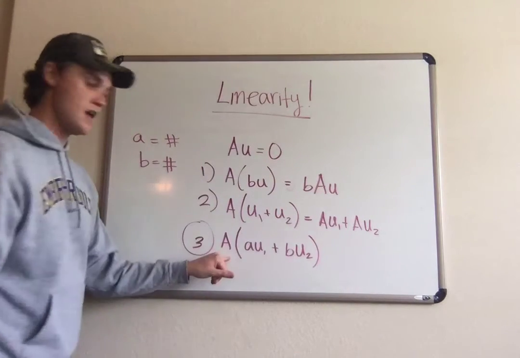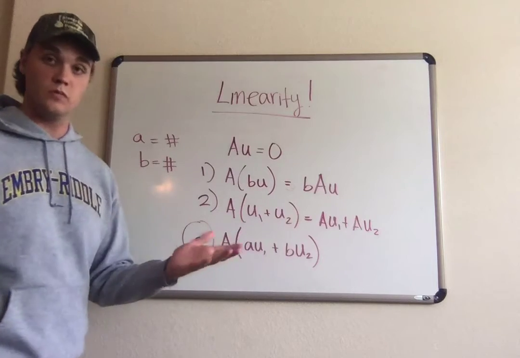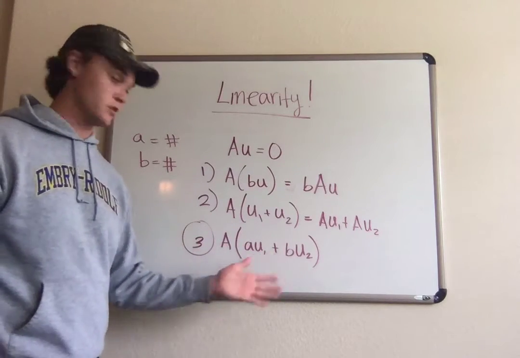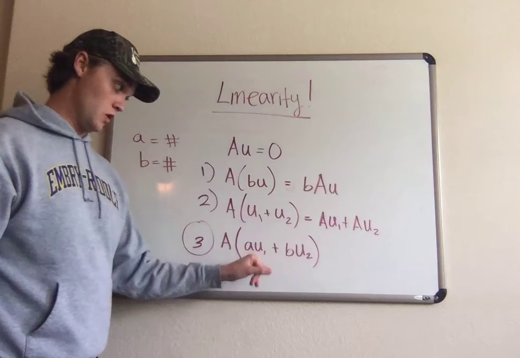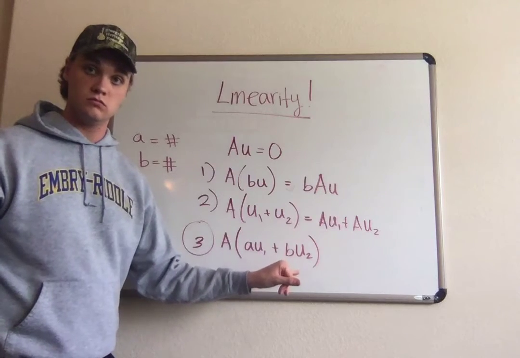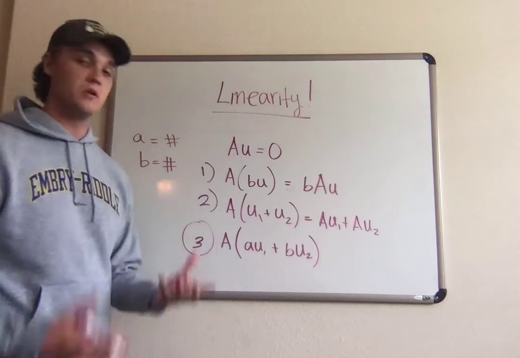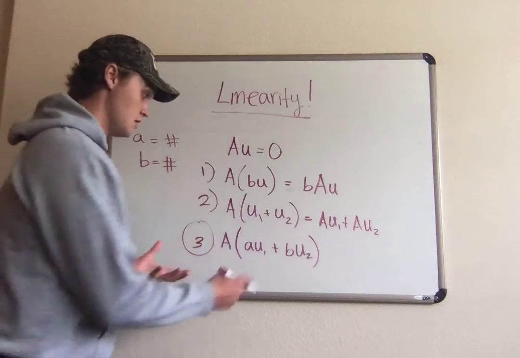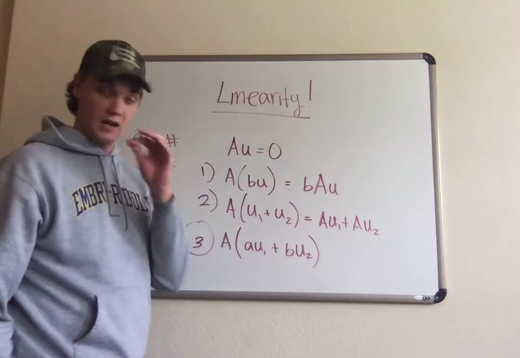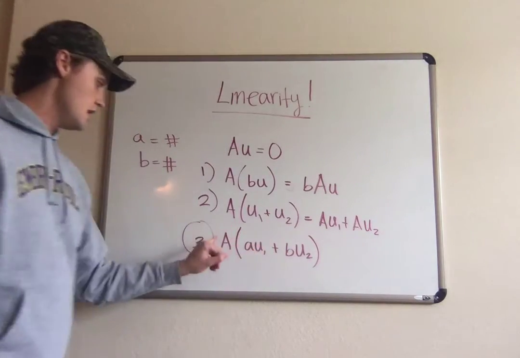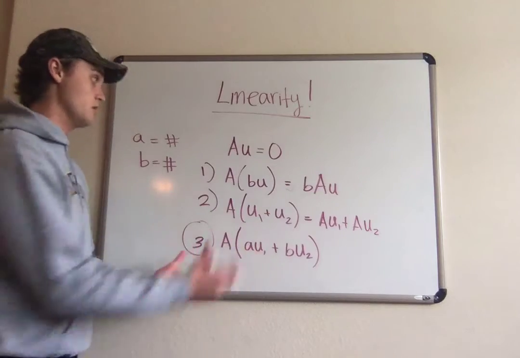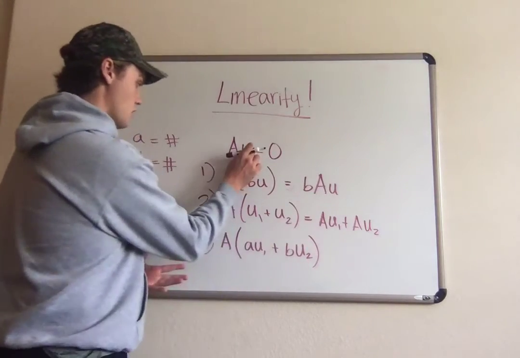Okay, so we have A acting on a linear combination of little a times u1 plus b times u2. We just have two solutions, in physics terms, u1 and u2, and a combination of those solutions in our theory. This whole thing is acting as our unknown.